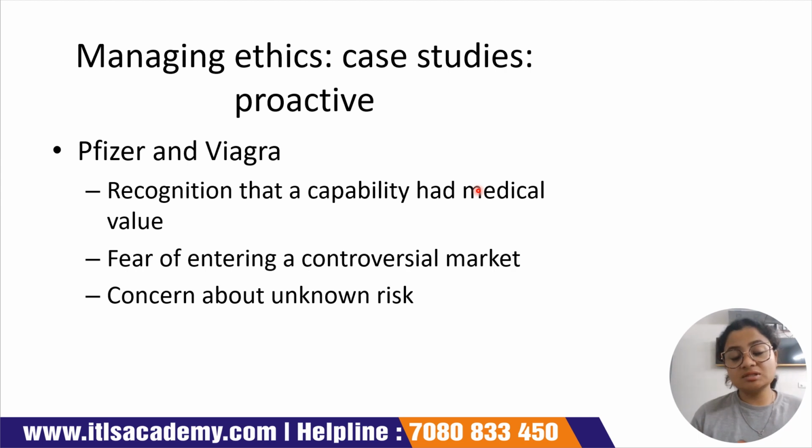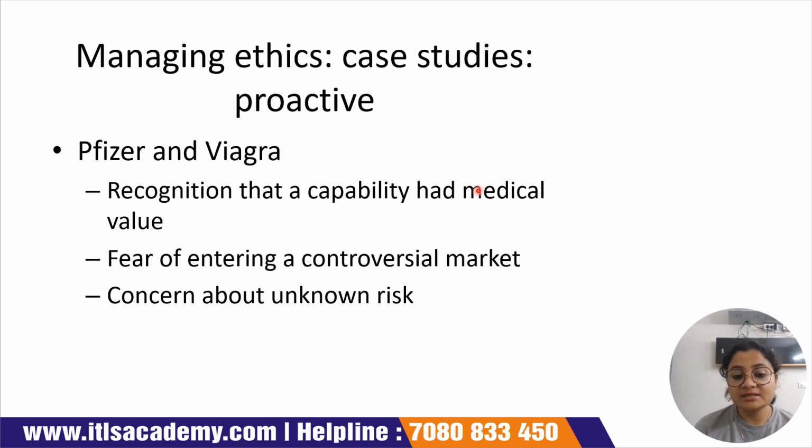Now there are some case studies that I have given over here regarding proactive management of ethics. So Pfizer and Viagra. Pfizer is the COVID vaccine that the USA had come up with. It was an RNA vaccine, sorry, a DNA vaccine, where the fatty layer coat was utilized, which mimicked the cell membrane, and thus it formed the spike protein of the COVID virus after entering inside the cell of the host body.